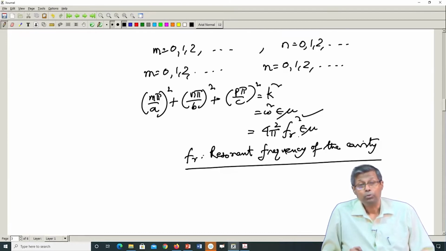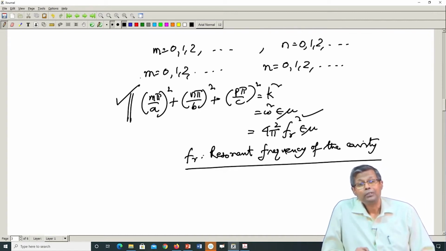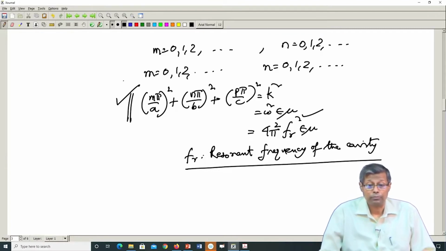Both TE and TM modes of the cavity will satisfy the same separation equation and thereby will have the same resonant frequency. So, the TE mnp mode and the TM mnp mode are going to have the same resonant frequency.